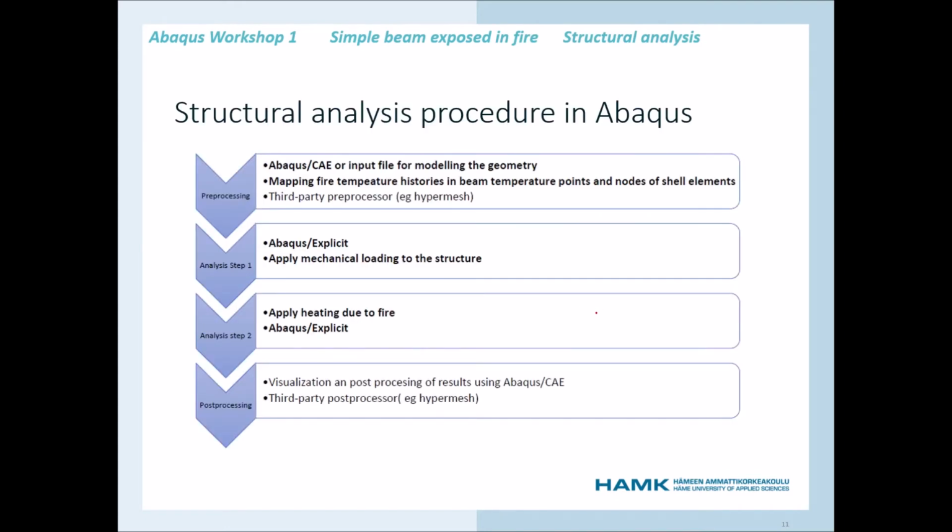So in Abaqus, the basic structural analysis procedure is that we first define all the parameters that are needed in the material data, geometry, everything, and then we solve that in two steps.